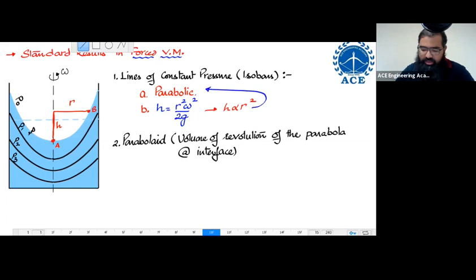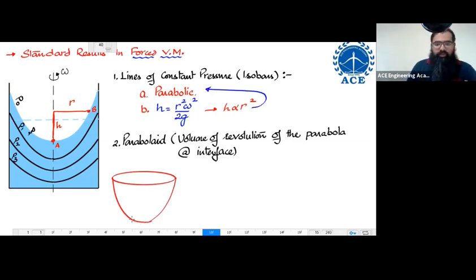Let me draw a picture so that you can understand this easily. If you imagine that parabola, if you create a 3D picture of that thing, it is going to form some kind of a cup.